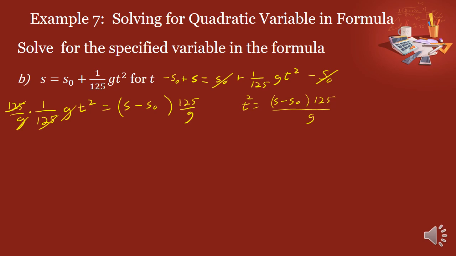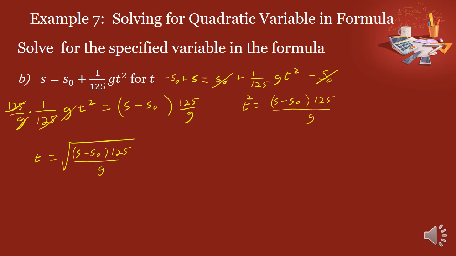I'm sorry, that should be t squared. And then when we take the square root of both sides, we will have that t is equal to the square root of s minus s0, that quantity, times 125, divided by g.